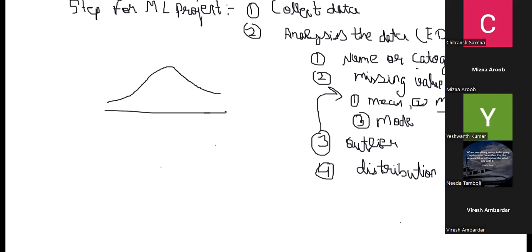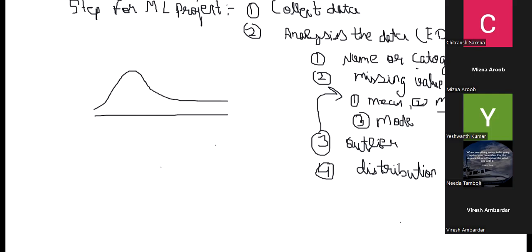If my data looks like this, then this is left skewed and this is right skewed. So you can use the log normal distribution, implement log, and you can change this distribution to the normal distribution.